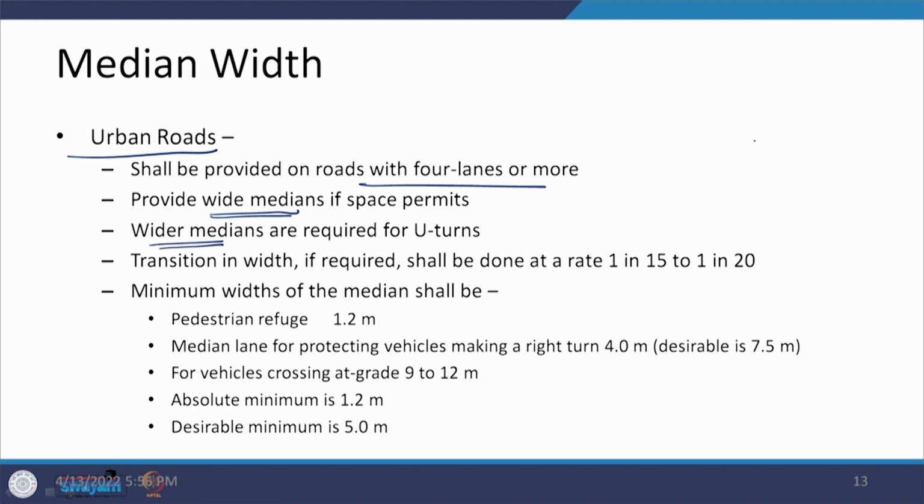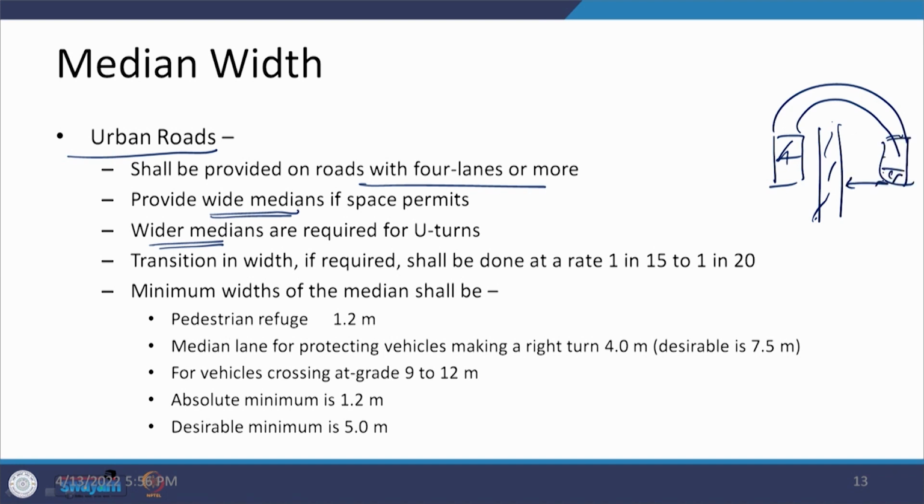So, if you have only this much median being provided and you have a big vehicle here, then the turning of this vehicle is going to be something like this. What you find is that it is taking a lot of space and there is a clearance here.